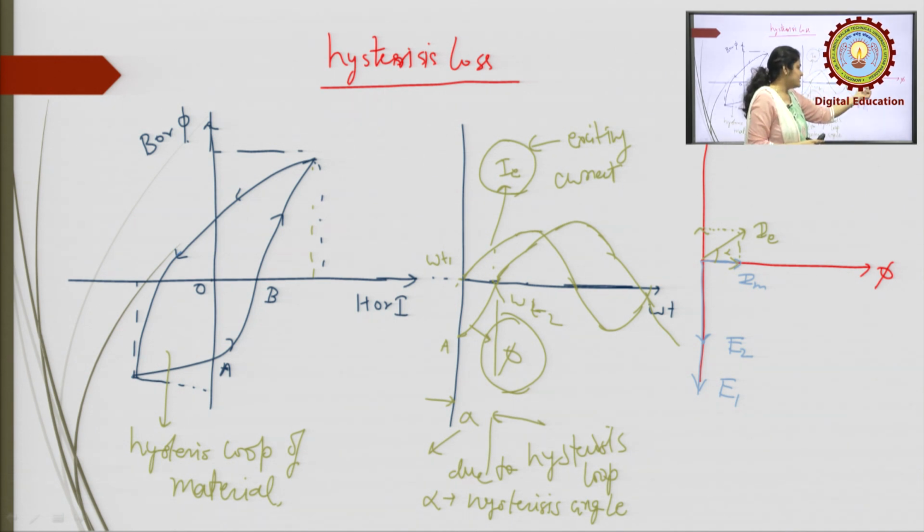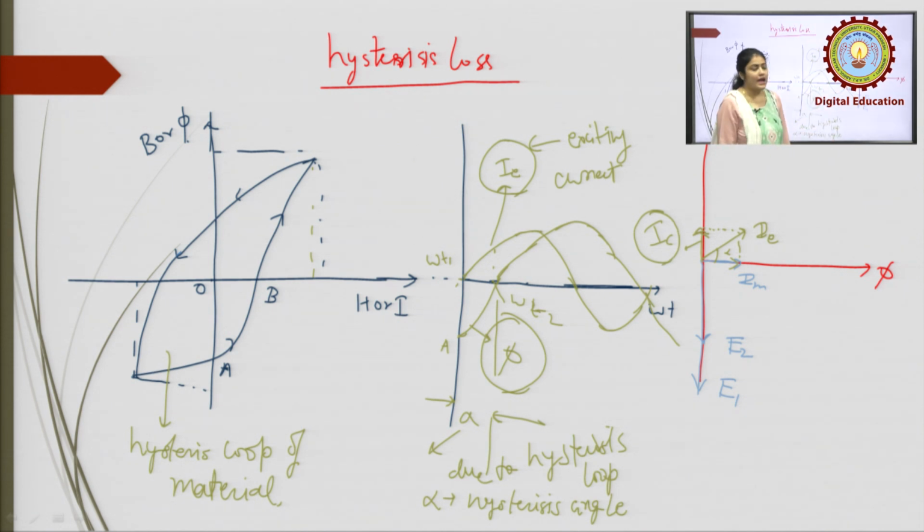One is the magnetizing current, which is in the same phase with the flux and is only responsible for producing the constant flux. The other component is IC, called the core loss component, and it is present due to this hysteresis loop.